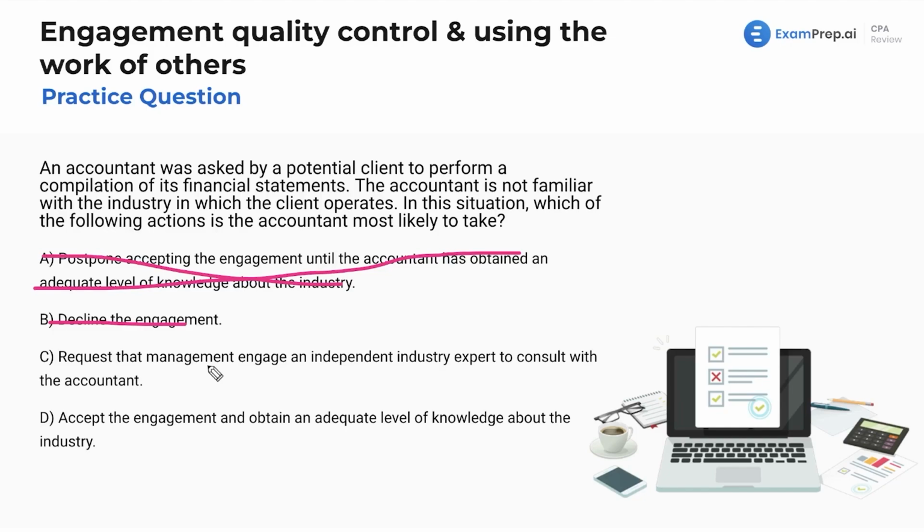So this is trying to infringe on the right answer, but trying to trick you. You're not going to request that management engage the industry expert. You are going to hire the expert yourself. It doesn't even have to be an independent industry expert. If you're just trying to learn about the industry, it could be someone who had worked for the company before, right? It's not like they're giving you insight on how to audit them.